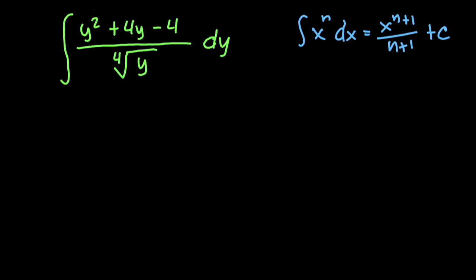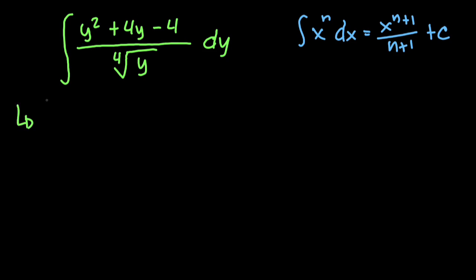For the last problem of our simple integral problems, the integral of y squared plus 4y minus 4, all over the fourth root of y, dy. So, firstly, we must simplify this integral first. Know that all of these values right here are divided by this same value. So, let us split this first.